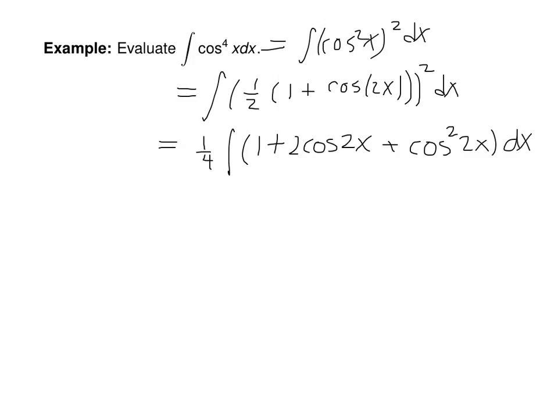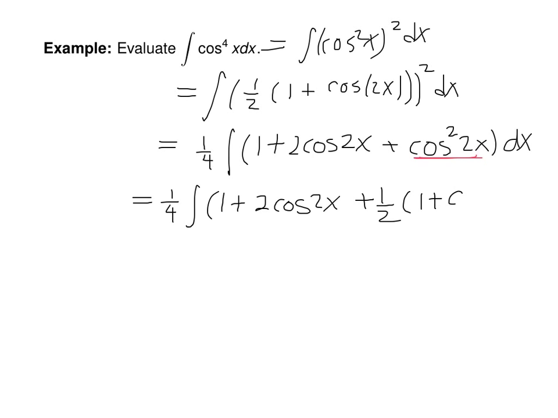And on the cosine squared of 2x, you have to use the half-angle identity again. Instead of x, you're using it with 2x. So that gives us 1/4, the integral of 1 plus 2 cosine 2x plus 1/2 times 1 plus cosine of 2 times 2x, which is 4x.